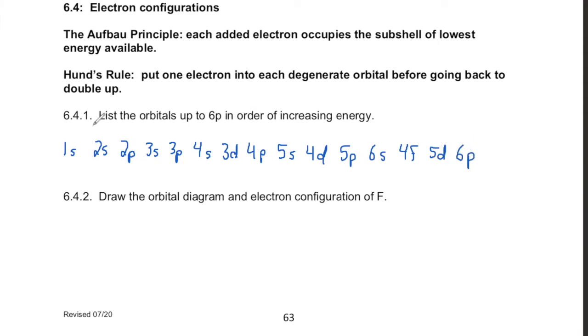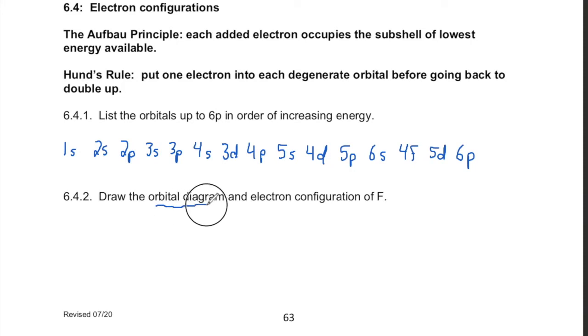So that is the orbitals in order of increasing energy. You can remember that either with the rain on the roof, or by using the periodic table, or by just writing it on your note card. But remember that that's the order that they should go into.